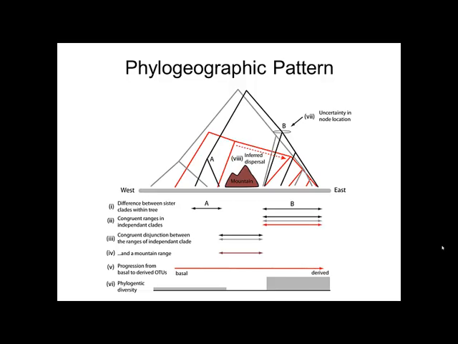Is that spatially concordant with a mountain range? We can look for all sorts of other things as well, but these are the kinds of patterns we're looking for: the space occupied by the subtrees or subclades of multiple organisms.